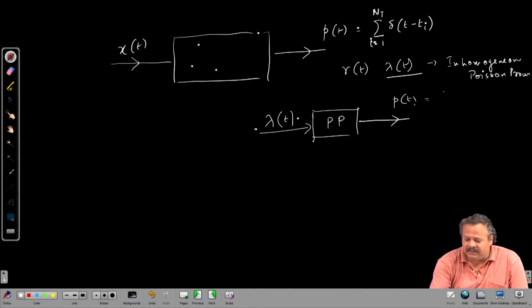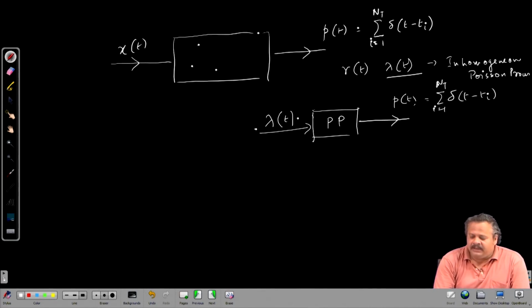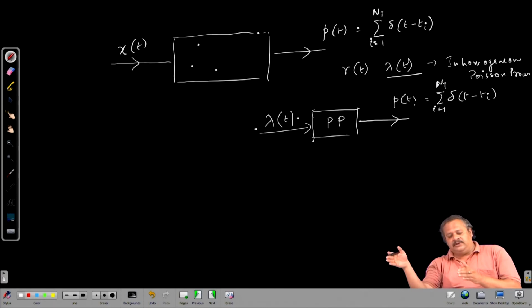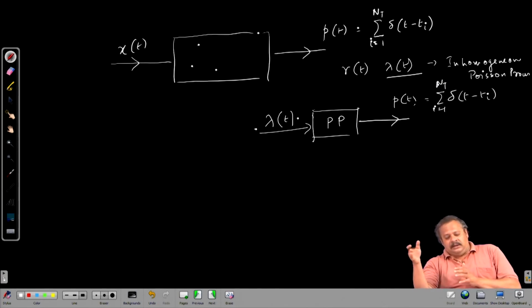We know that p(t) is a set of events successively occurring in time, and lambda(t) is the overall driving function which is creating those events over time, and this process is an inhomogeneous Poisson process, that is, a lambda that is changing over time.